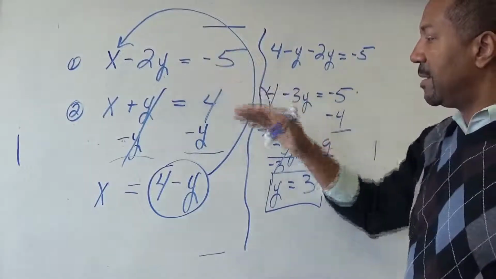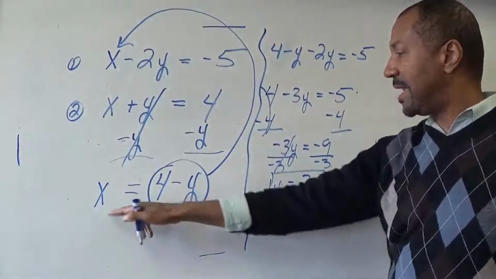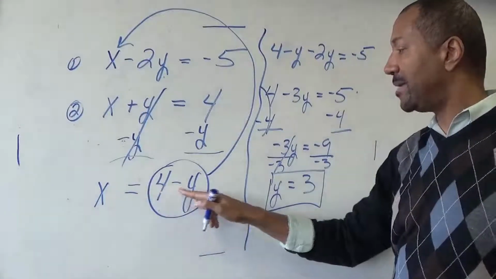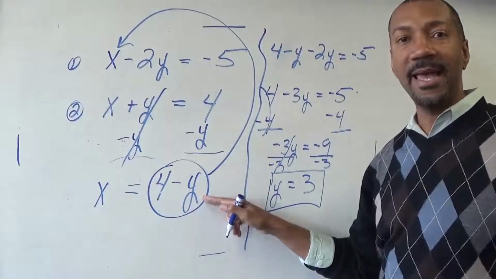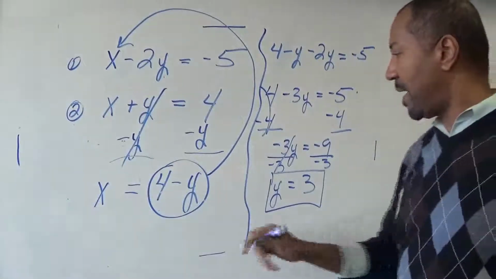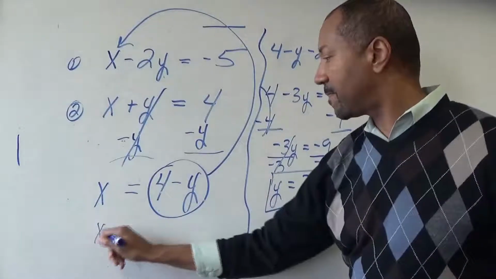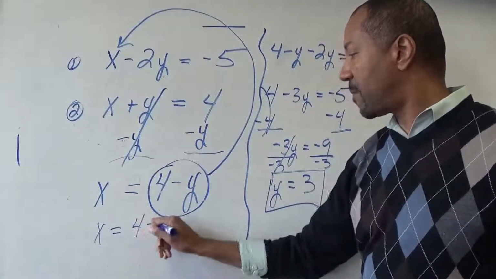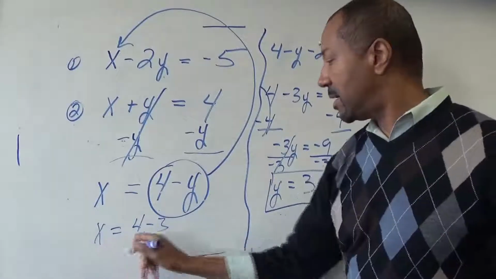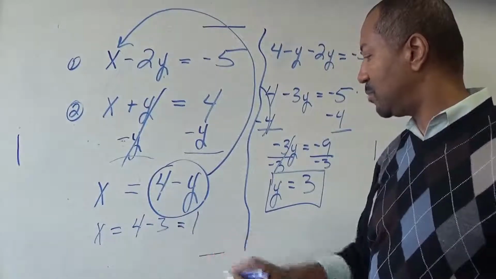That'll work, but take a look at this. We can actually see that x is equal to 4 minus whatever y is, and we know what y is. So let's go ahead and plug a value of 3 into y. x is equal to 4 minus 3. So now we know that x is actually equal to 1.